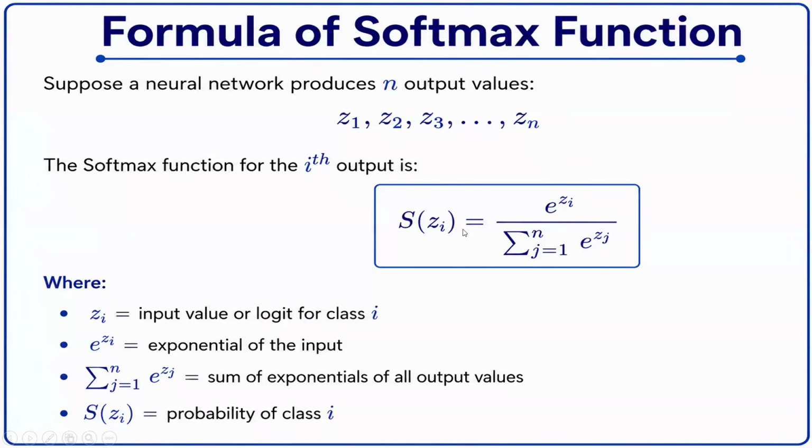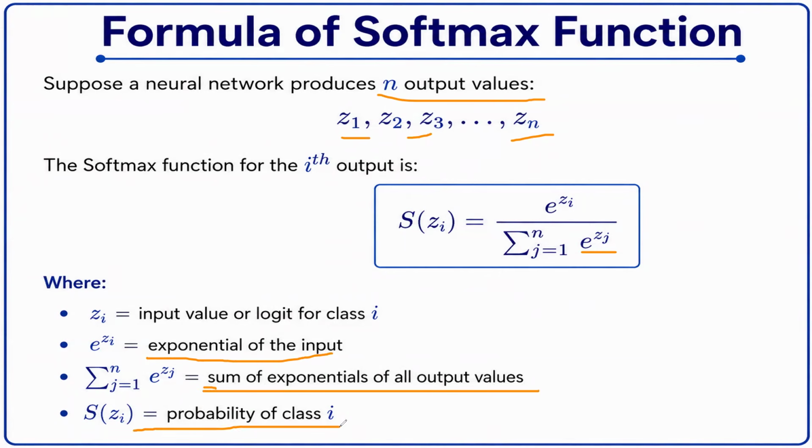Now, the formula for softmax. Suppose a neural network produces n output values, Z1, Z2 up through Zn. The softmax function is given as S of Zi equal to e raised to Zi upon the summation of j equal to 1 to n of e raised to Zj. Here Zi is the input value or logit for class i, so e raised to Zi is the exponential of the input, divided by the sum of the exponentials of all the output values.